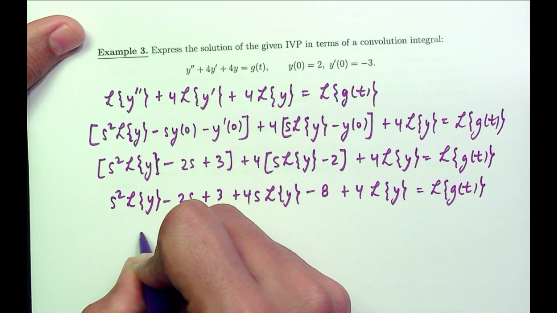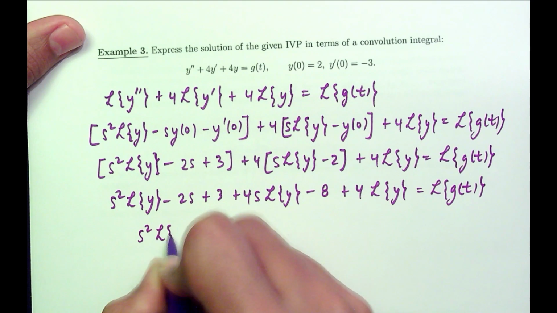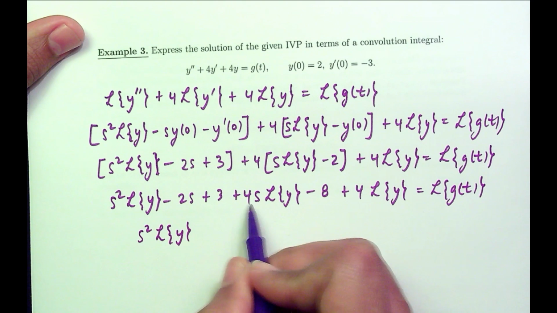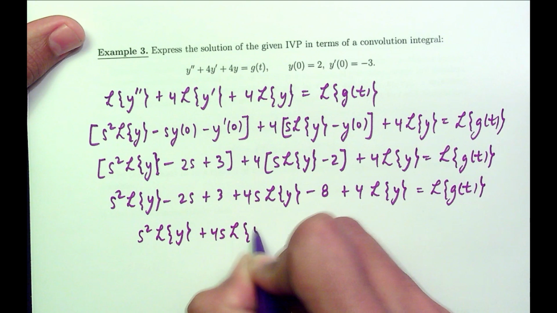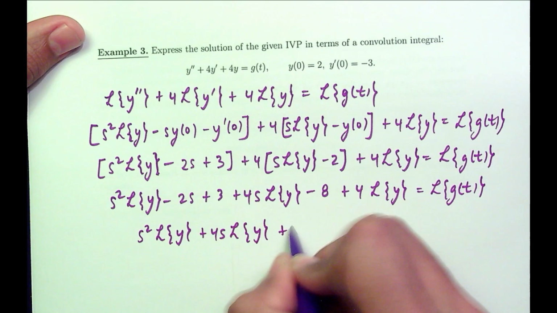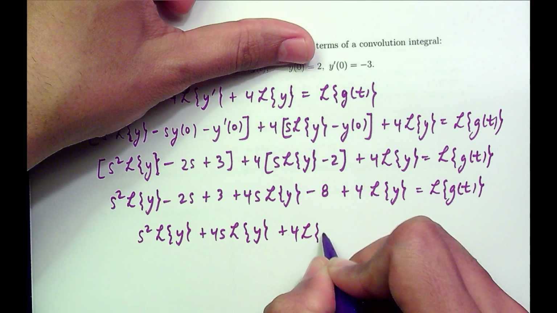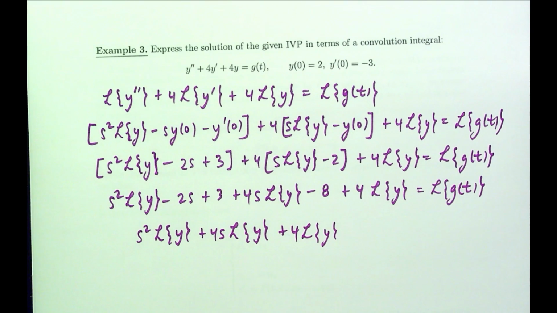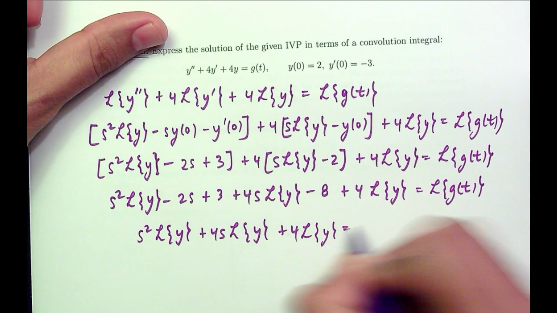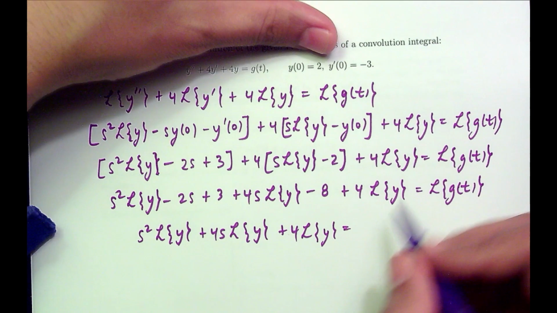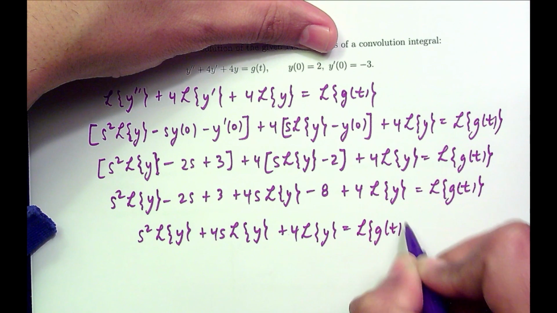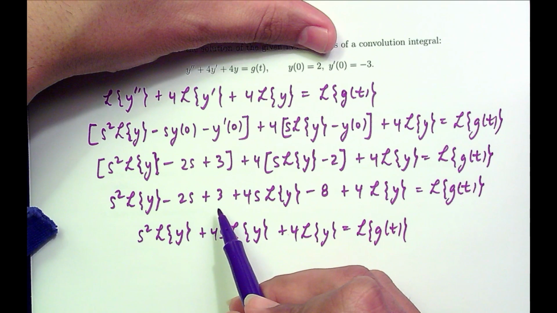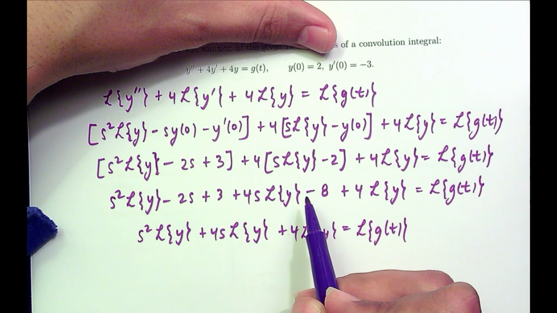So then you're going to have s squared Laplace transform of y plus 4s Laplace transform of y plus 4 Laplace transform of y equals Laplace transform of g of t, and then I can combine this 3 and that negative 8, so that's negative 5.